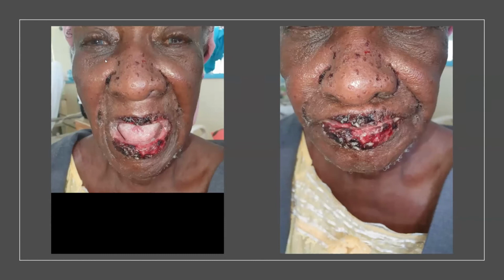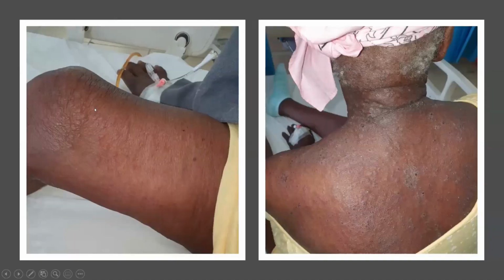As you can see, there is involvement of the eye, well, barely any, there's conjunctivitis there, and she has erosions, crusted erosions on her lips, and you will see the morbilliform eruption on her legs, and here she has confluent morbilliform as well as targetoid lesions on her back.